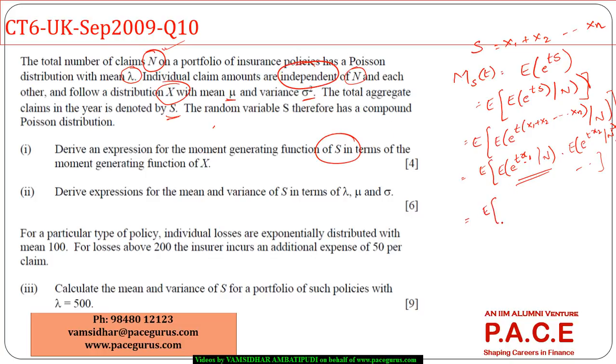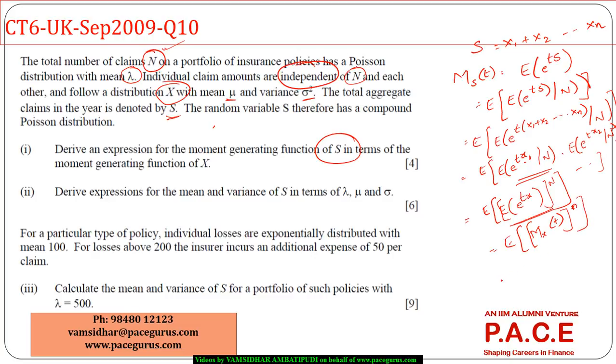So I can write it as the expected value of e to the power of tX, multiplied by e to the power of tX and so on, so expected value of e to the power of tX, to the power N. Now the expected value of e to the power of tX is nothing but MX. So I can write it as MX of t, the moment generating function of X, to the power N.